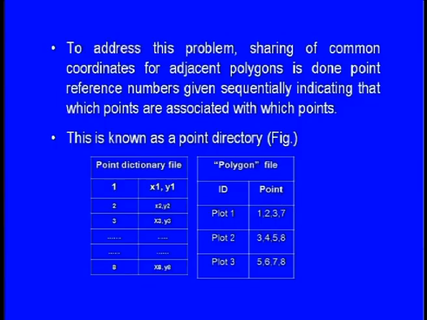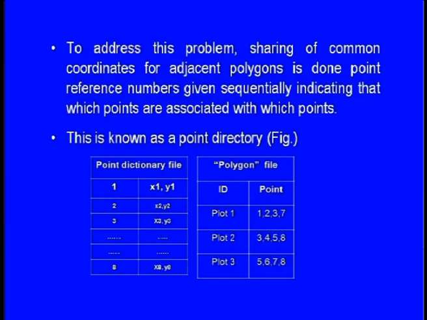This is now supplemented by another file which describes the areal extent of each of the plots. So, this is what we call a polygon file, which will consist of two pieces of information. First is the identity and the second is the points which connect this particular polygon.